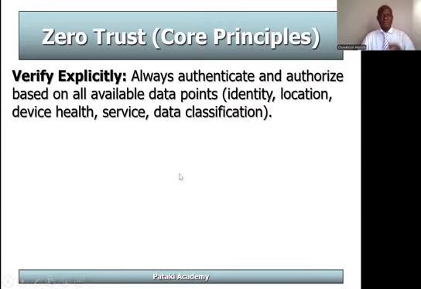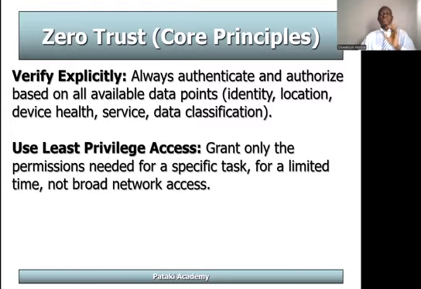Zero trust principle: verify explicitly. Always authenticate and authorize based on all available data points, that is identity, location, device health, services, and so on. Use least privileged access. Grant only the permission needed for a specific task for a limited time, not broad network access.